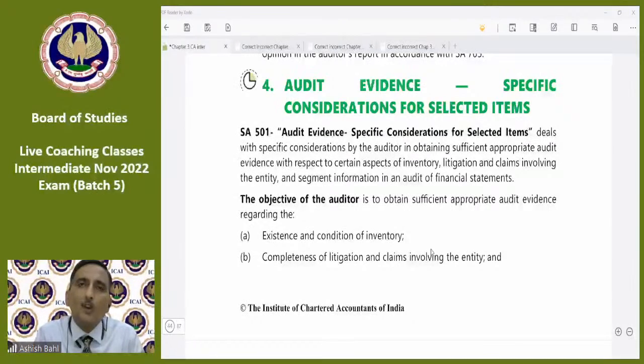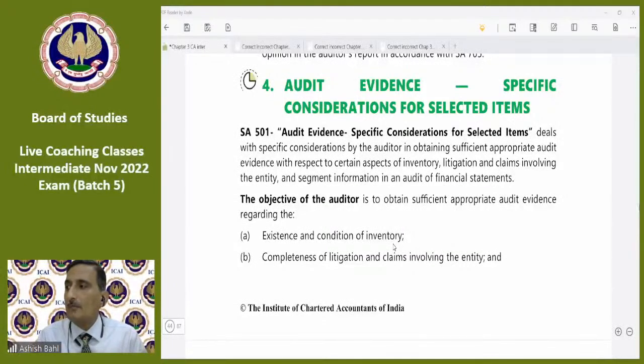So population refers to the number of items, the balances which comprise the whole. The whole is the population, all balances to whom the negative confirmation requests are to be sent. These are a homogeneous small population.